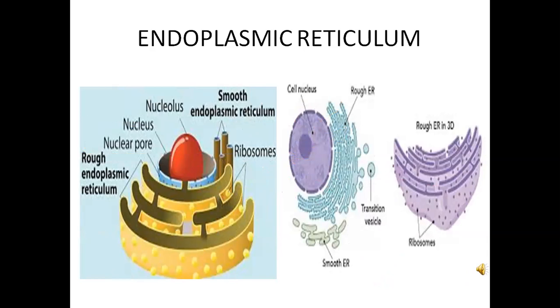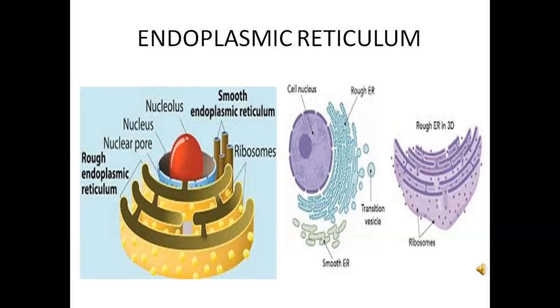Endoplasmic reticulum. It is an intermembrane network made up of flat or tubular sacs within the cytoplasm. Endoplasmic reticulum is of two types. First one, rough endoplasmic reticulum, and second one, smooth endoplasmic reticulum. Rough endoplasmic reticulum is rough due to the ribosomes attached to the membrane, which helps in the synthesis of protein.